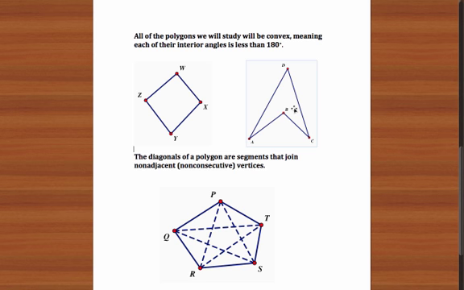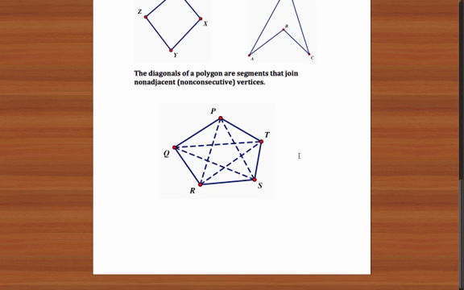But if we look at this polygon over here on the right side, while angle D, angle A, and angle C appear to be smaller than 180 degrees, the interior angle at B is much greater than 180 degrees. These two sides meet at B and their interior angle goes well beyond 180 degrees.